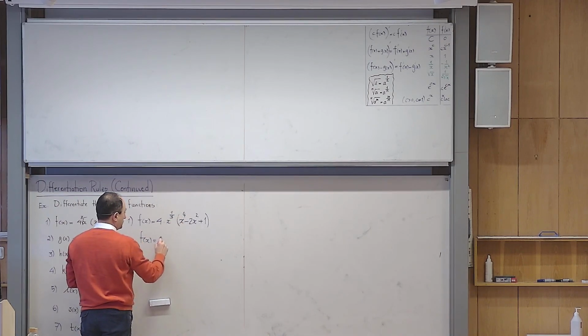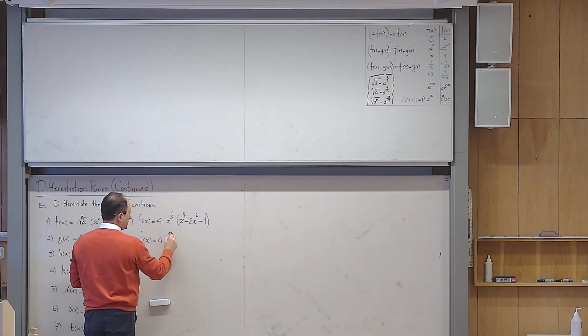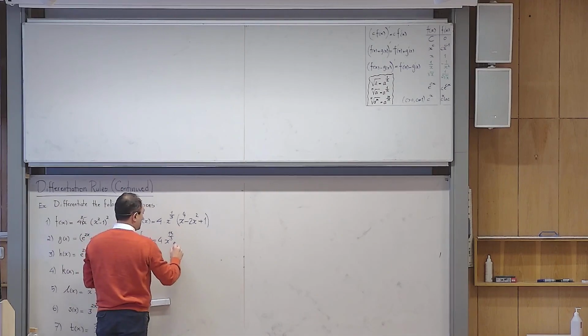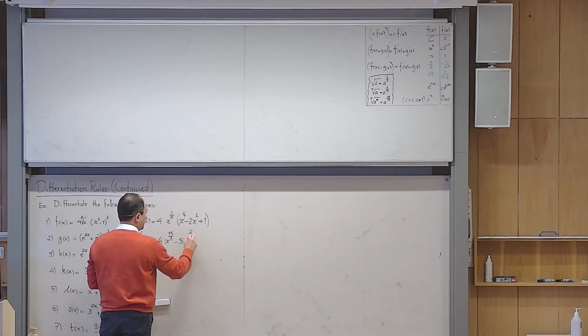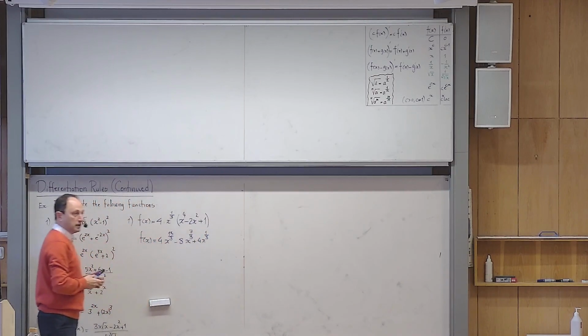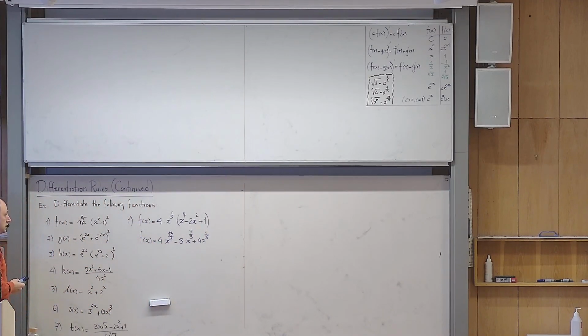So this becomes x to the power 4 plus 1/3, which is 13 over 3. And then I multiply that here, so this becomes minus 8 x to the power 2 plus 1/3, which is 7 over 3. And then I will have 4 x to the power of 1/3. Now everything is ready, so I can differentiate it.